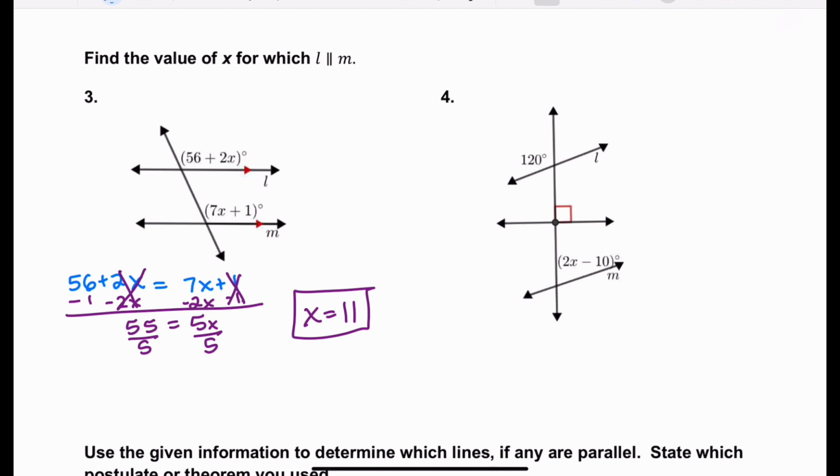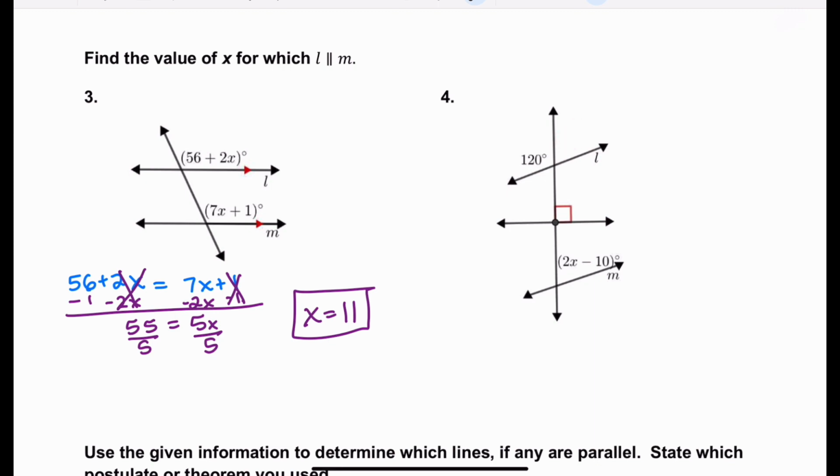Now, this next one's a little bit trickier. L is going to be parallel to M. So I know that 2x minus 10 would be equal to its corresponding part right here. Now, I don't know what that is, but I know that this angle is 120 degrees, and 120 degrees is on a straight line with this angle here.